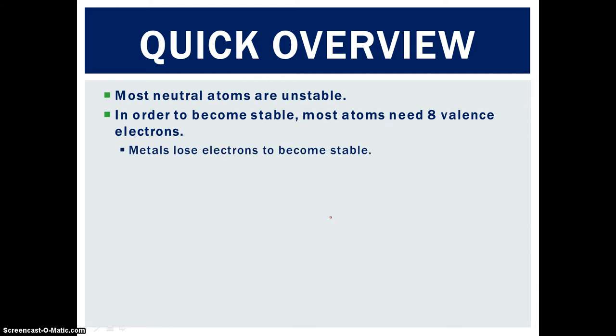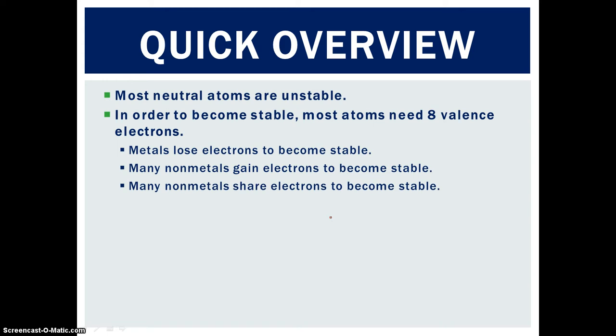We know that metals lose electrons to become stable, so metals have positive ions. We know that many nonmetals gain electrons to become stable, which is negative ions. And also, we haven't really talked about this, but nonmetals can share electrons to become stable.